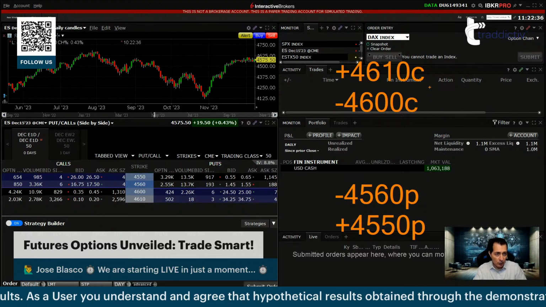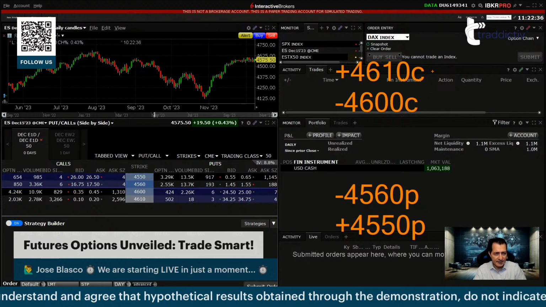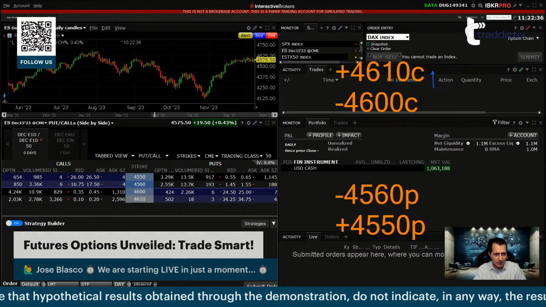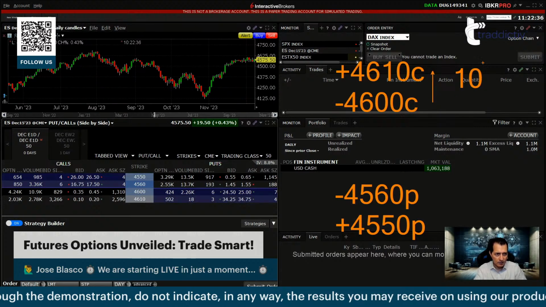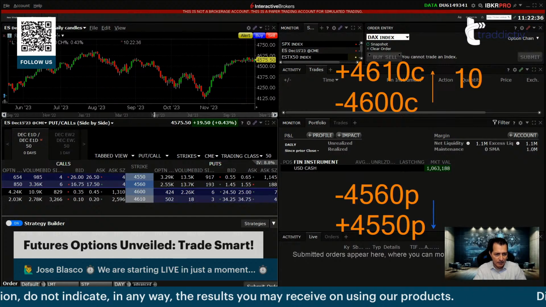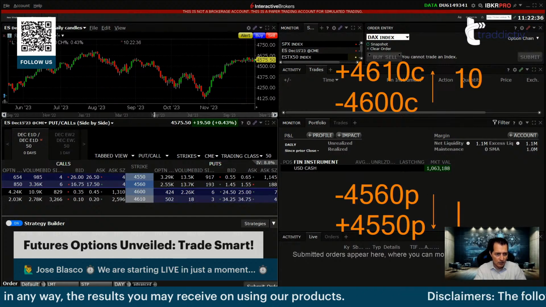So if you trade iron condors, the risk is set by the distance between strikes, and the distance between strikes here is 10 points, and the distance between here is also 10 points.